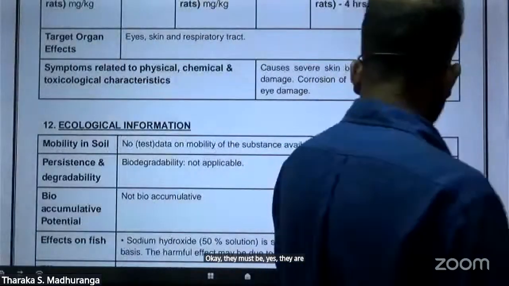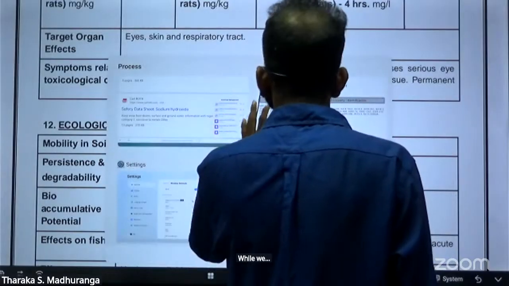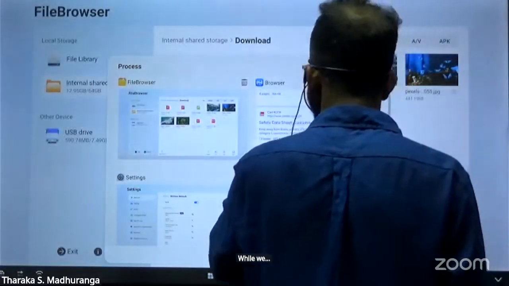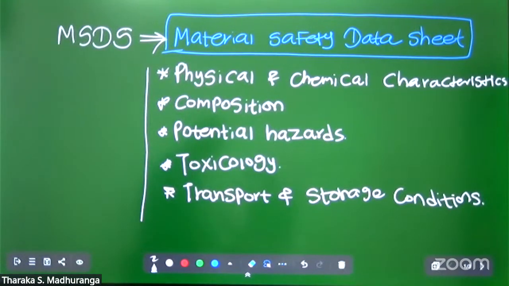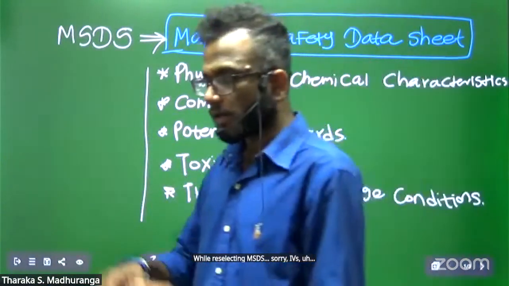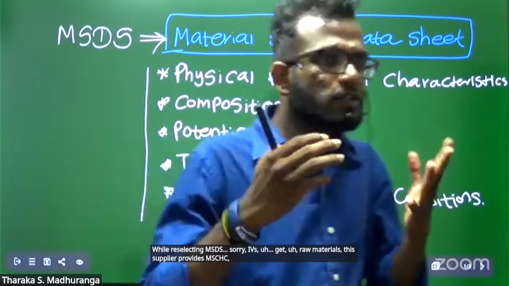Therefore, you want to remember, while we get raw materials, the supplier provides an MSDS sheet for each operation.